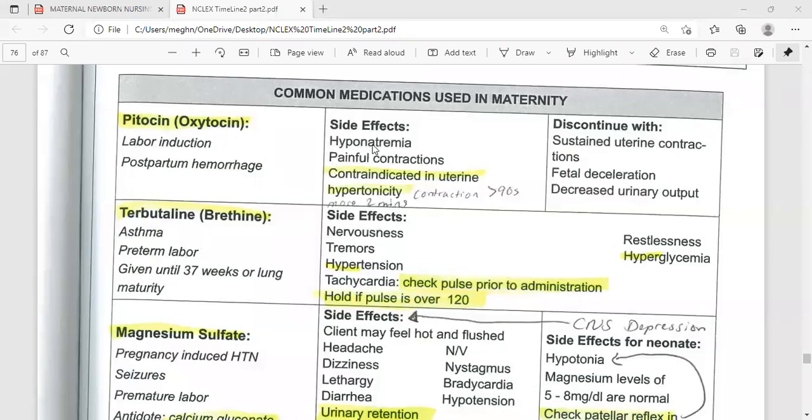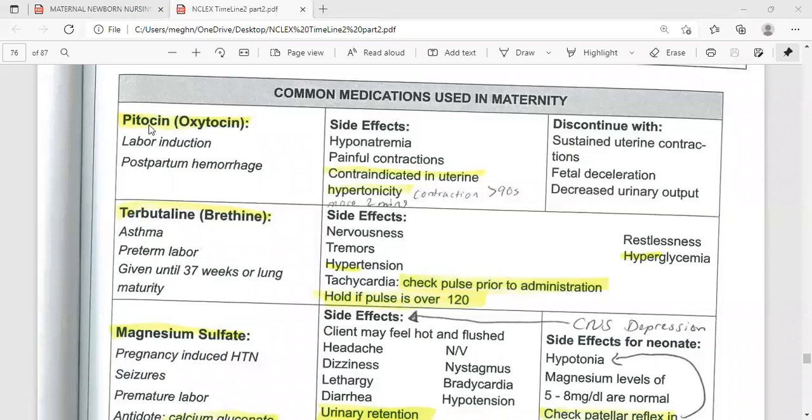This table contains the medication list commonly used in maternity. So this table, common medication used in maternity. The first one, pitocin, or some books say pitone.